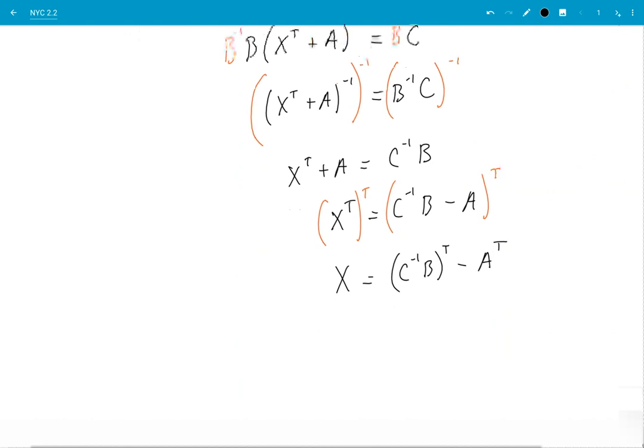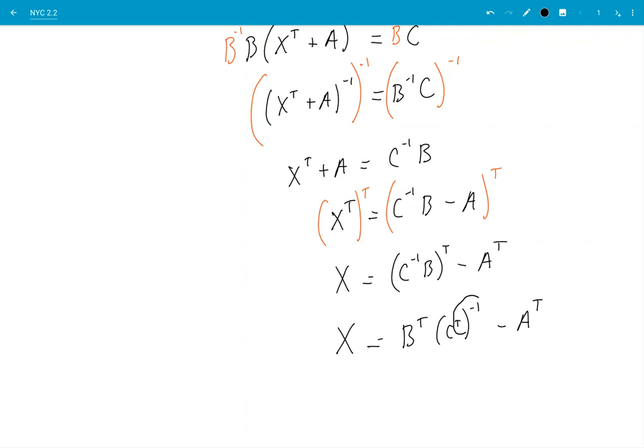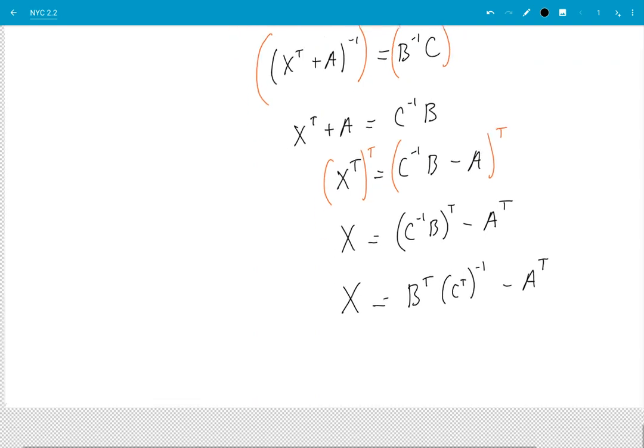I suppose I could go one more step and get B transpose, and then I'll have C transpose inverted, because the transpose of a product reverses the product. And also I use the fact that the transpose and the inverse are interchangeable when they appear like this.